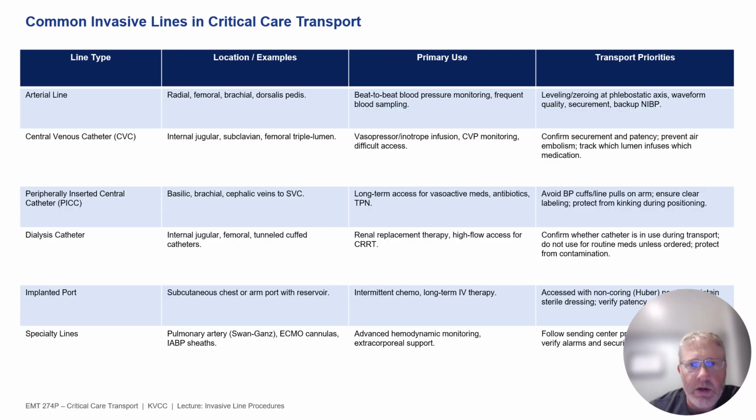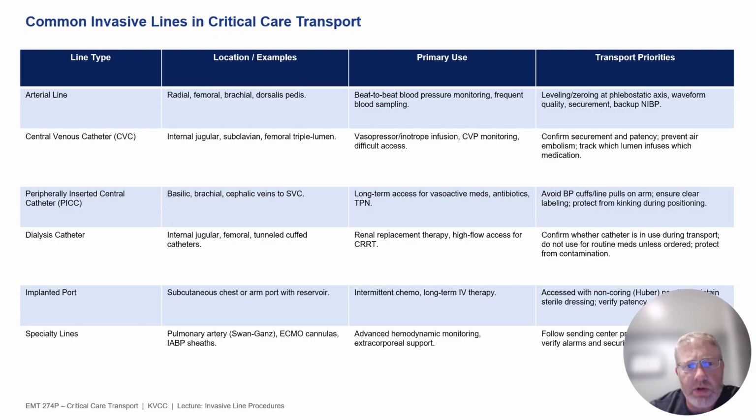Central venous catheters, CVCs, give you central access for pressors, for volume infusions, and for CVP monitoring. PICC lines are the long haul access devices. They're great for giving antibiotics and TPN, but they need careful handling to protect the arm and to prevent kinking. Dialysis catheters are high flow specialized devices. We don't typically use them for general medication access unless specifically ordered.